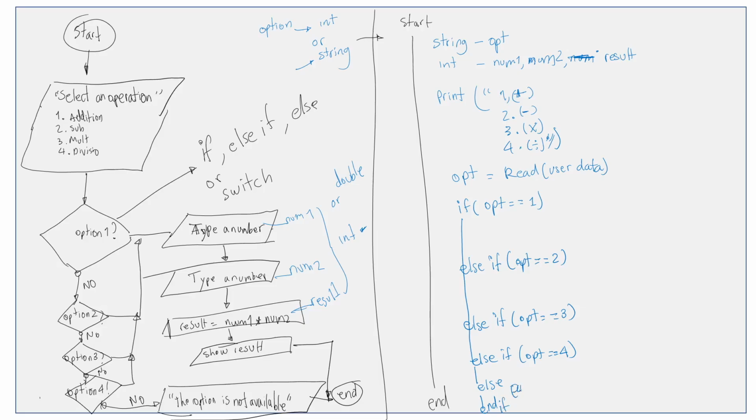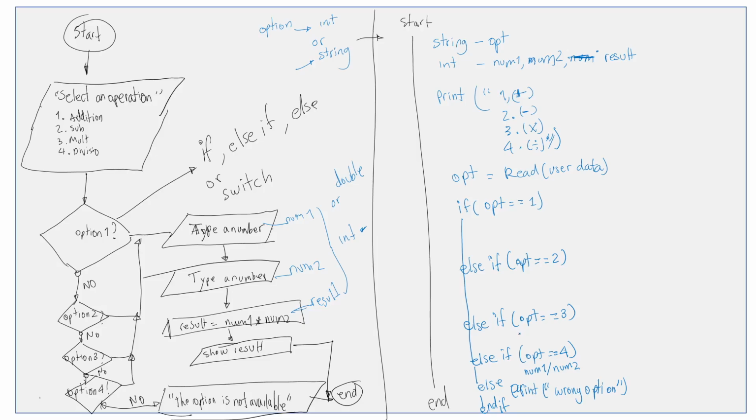Here we print wrong option. Here we do 4 will be division, so we use num1 divided by num2.